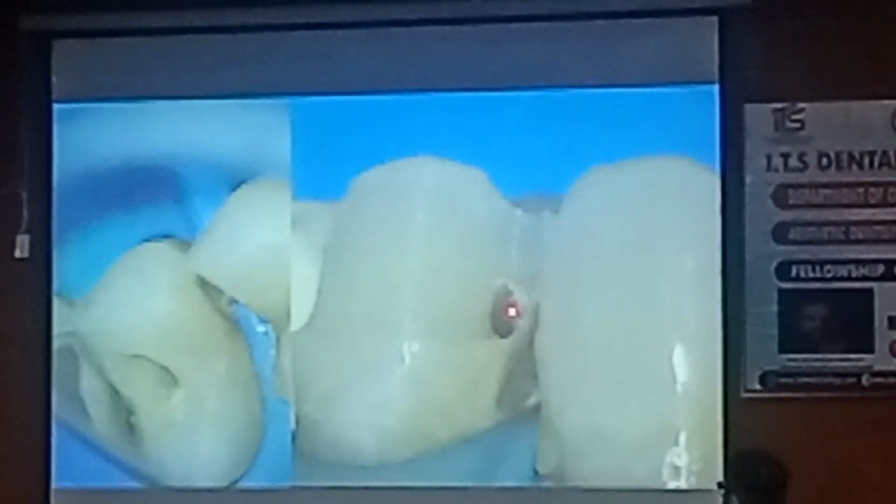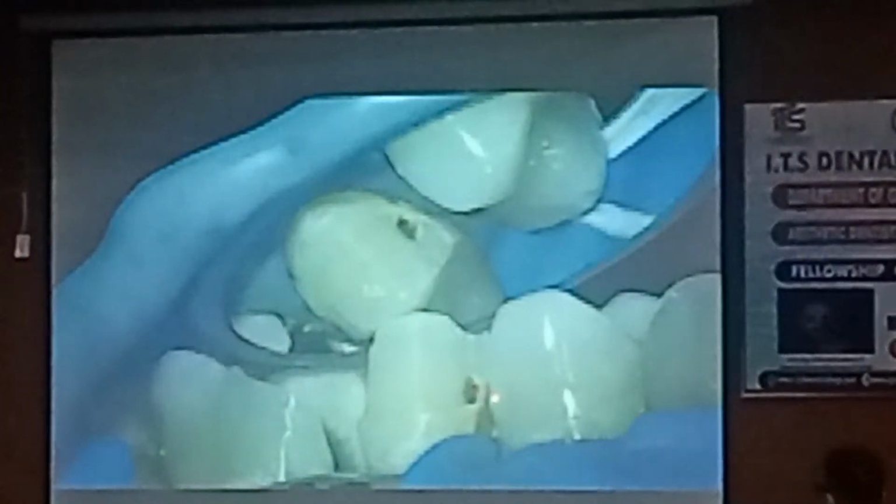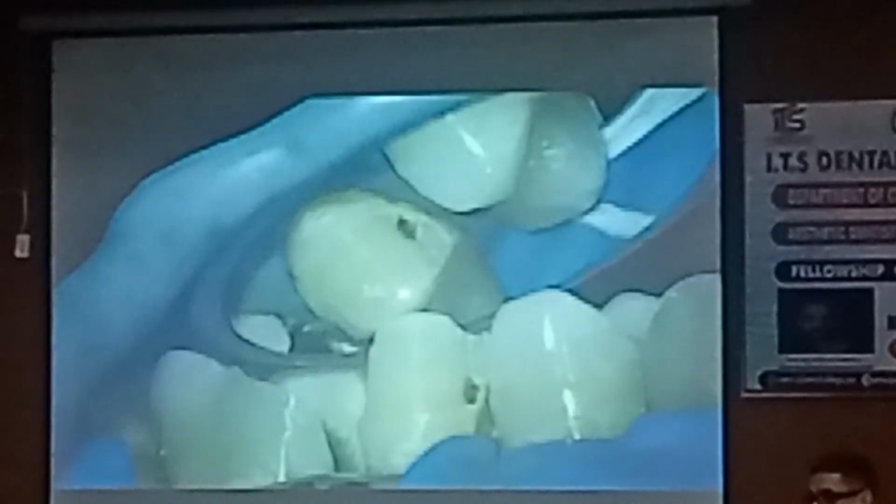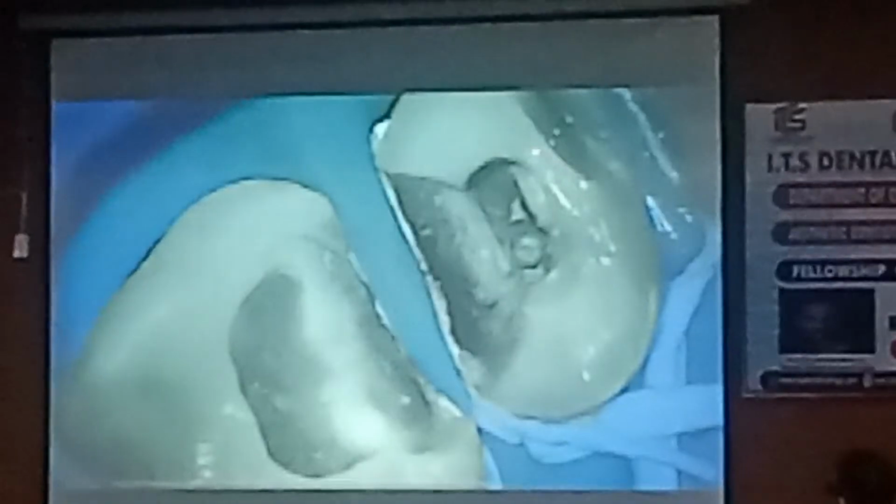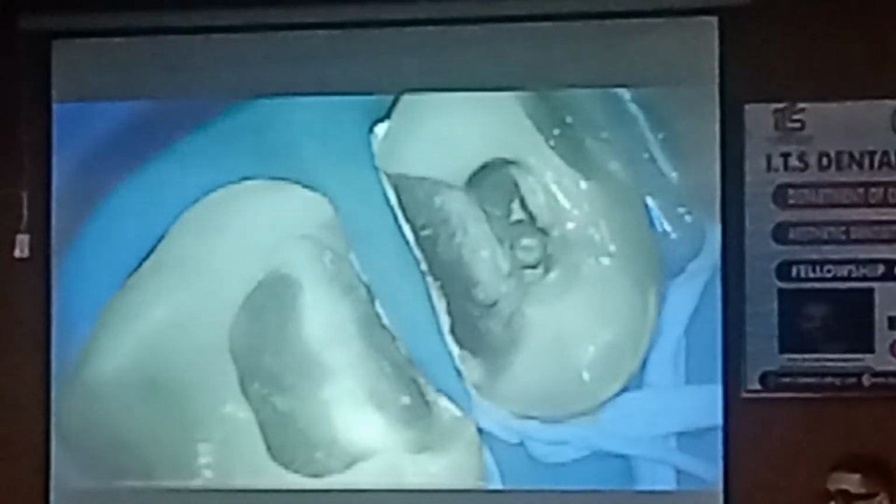Okay. Now, what do we do in these cases is, same principle. Look for caries, remove it here, but if you see, I am maintaining the marginal ridge. I have not taken the marginal ridge off. You see this marginal ridge? I have kept it still intact. I have not taken it off. So there is restoration here. This restoration is removed. I have a huge lingual cusp and practically barely sitting buccal cusp.